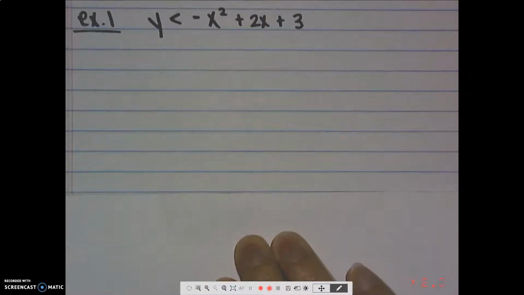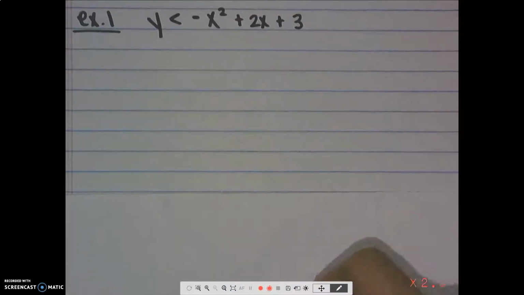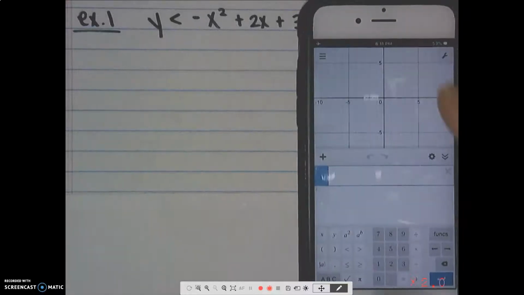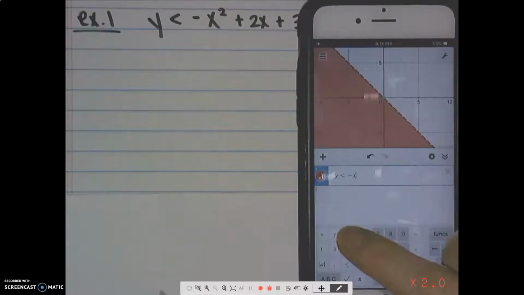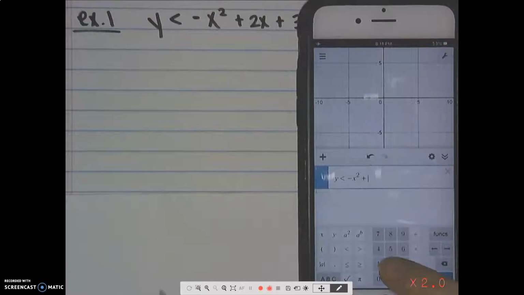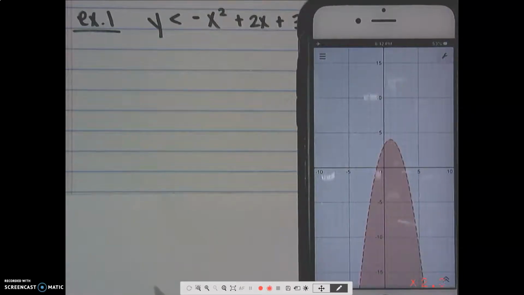So if we have y is less than negative x squared plus 2x plus 3, we're going to graph that. Let me bring up my calculator here. So we have y is less than negative x squared plus 2x plus 3. There's the graph of this. I'll make it a little bit bigger.